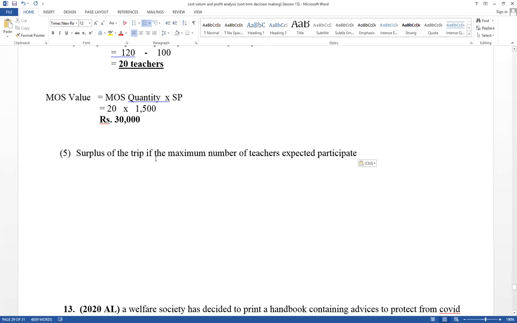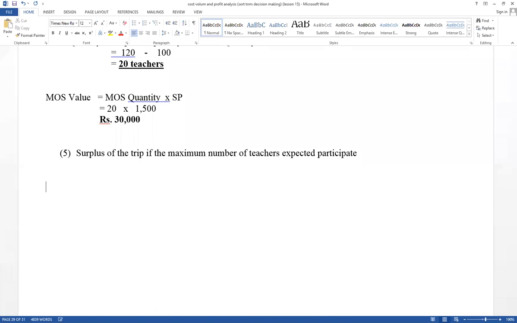Surplus of the trip if the maximum number of teachers are expected to participate, that is a profit. Therefore, first equation, profit equals total income minus total expense.